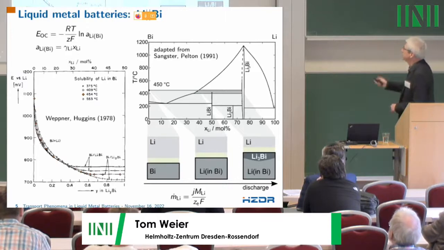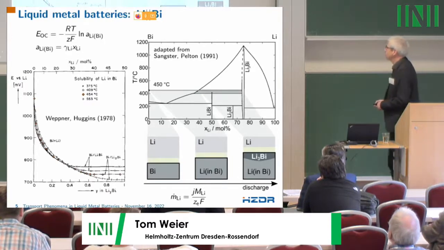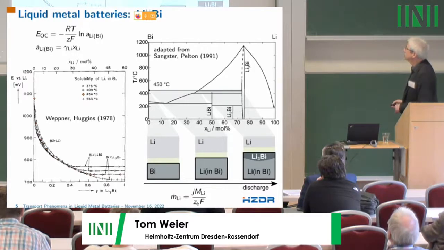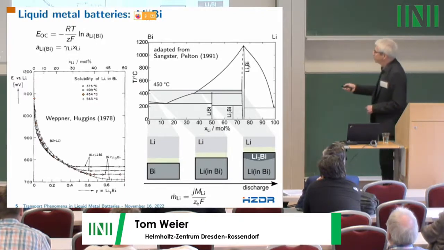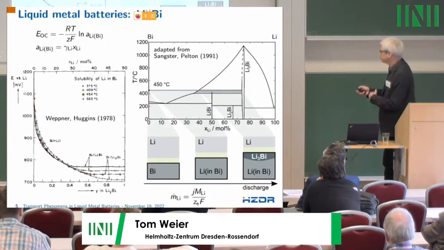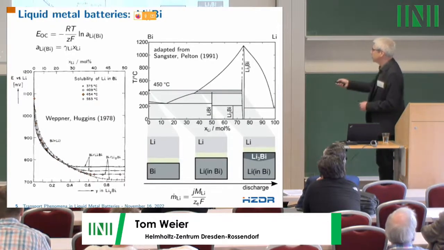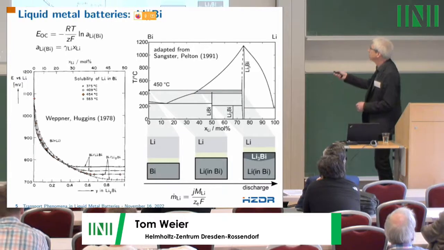Everything is this intermetallic compound. That's very high melting, as was mentioned already. So typically we would like to avoid this range of the phase diagram and stick to this one. That means, and yeah, if you have the phase transition as everywhere, the potential remains constant. So these constant lines belong to the two-phase region here.